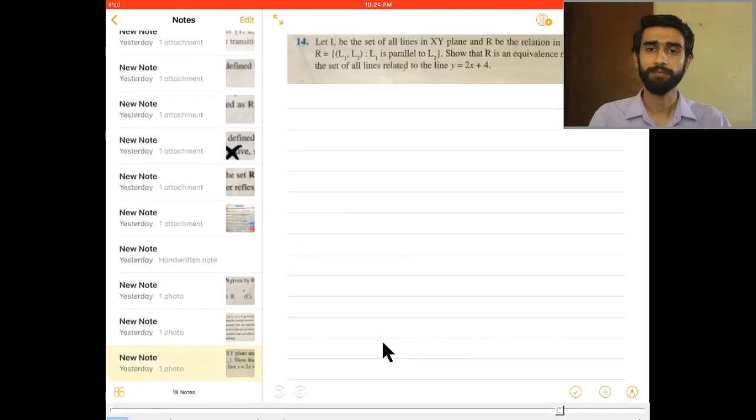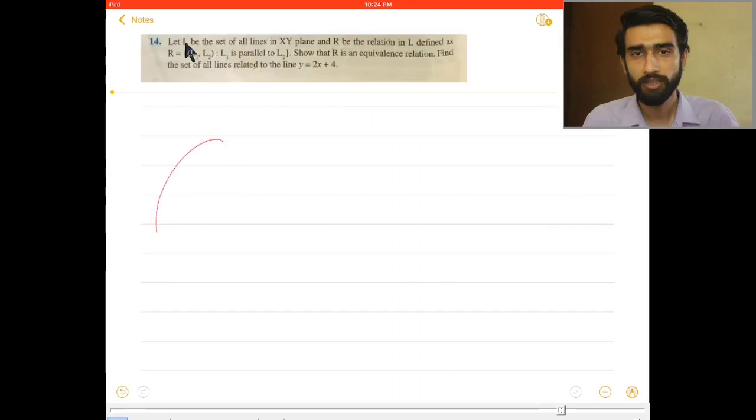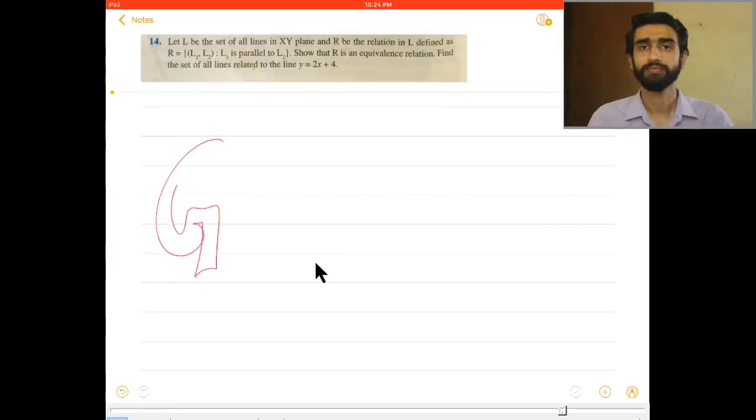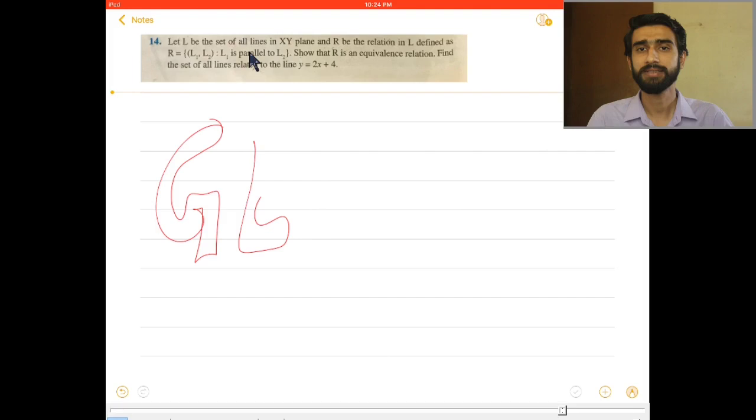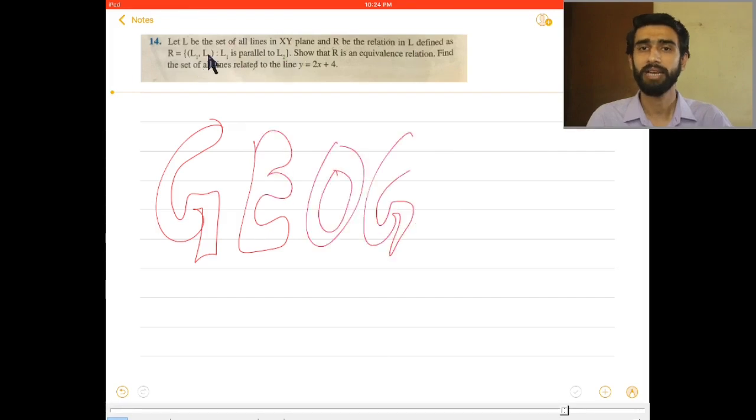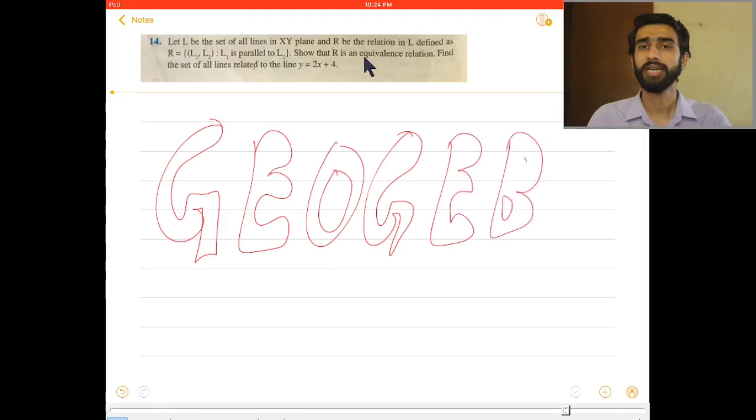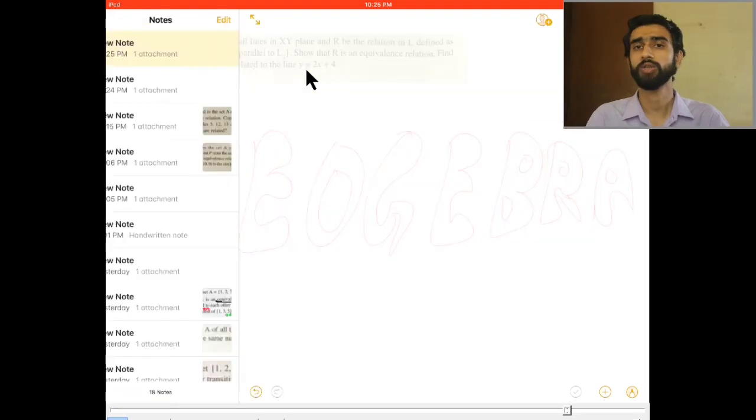Okay, now let's go for the 14th question. It says: let L be the set of all lines in the xy plane and R is the relation on L defined by L1 R L2 if L1 is parallel to L2. Show that R is an equivalence relation. Find the set of all lines related to the line y equal to 2x plus 3.